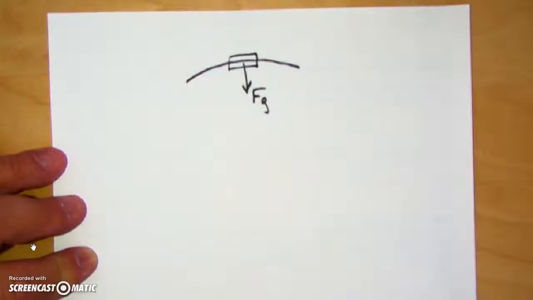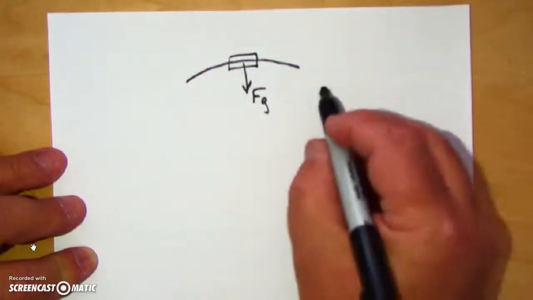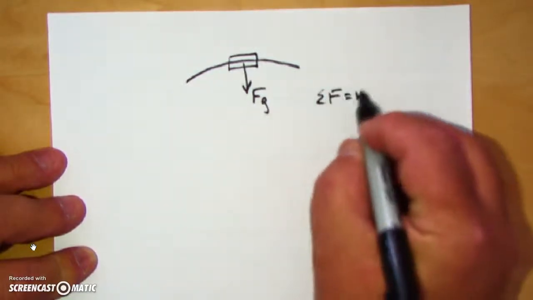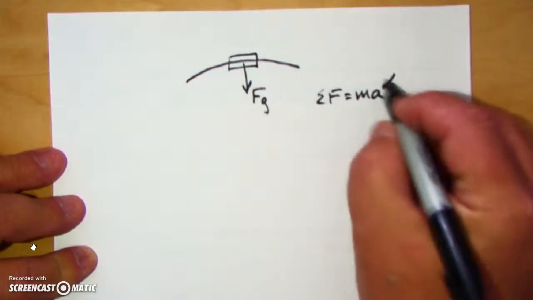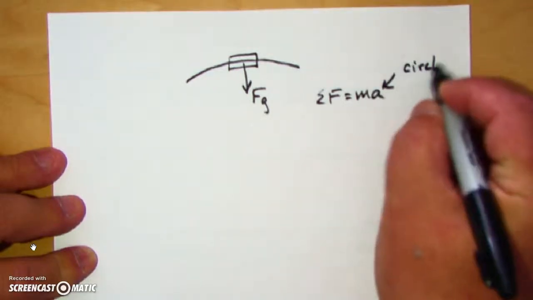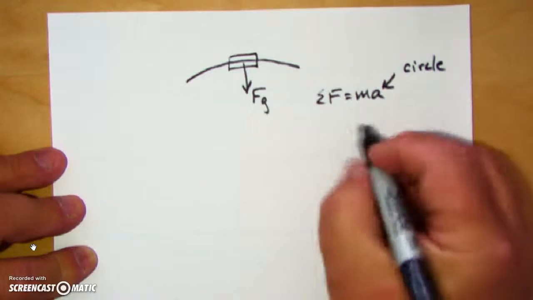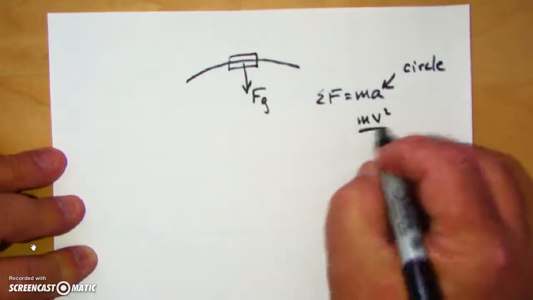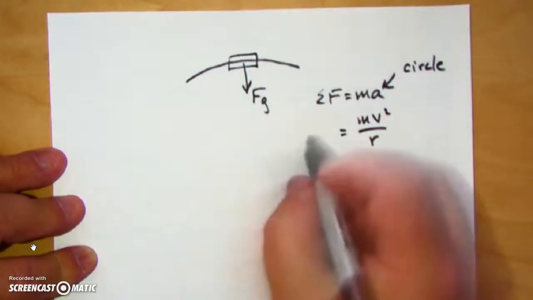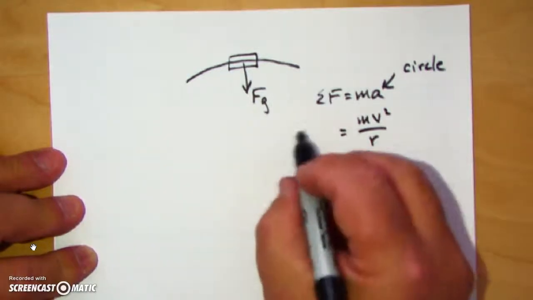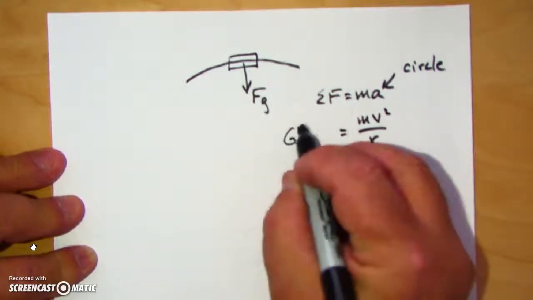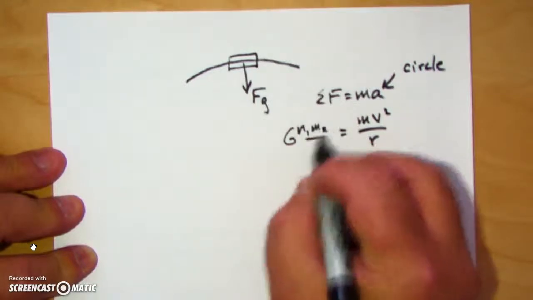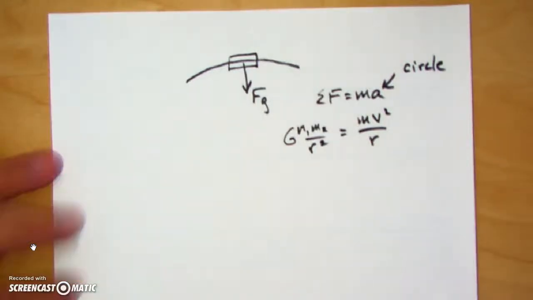We also know that it's moving in a circle, so we know the sum of the forces equals ma, and since it's a circle, it's v squared over r. That's equal to Fg, which is big G m1 m2 over r squared.